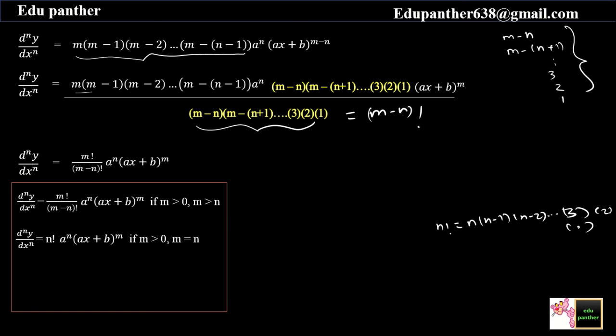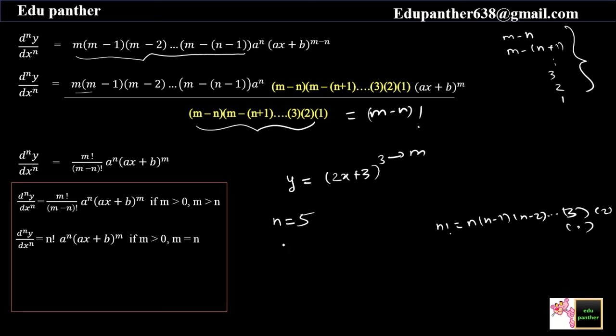Now what will happen if m is less than n? Just take an example. Say y is equal to, I'll take a simple function, 2x plus 3 raised to 3. This is your m. Suppose we have to find the nth order derivative where n is, say, something more than 3. Say take 5.